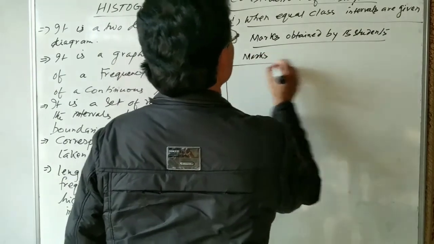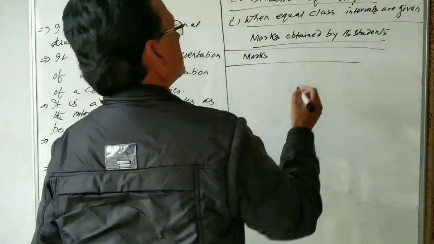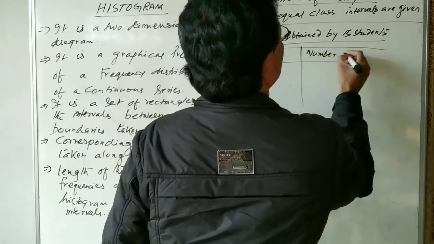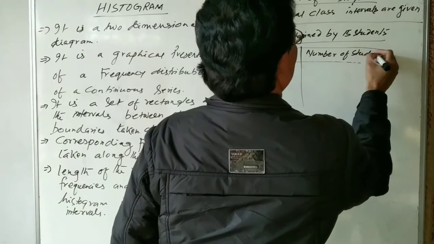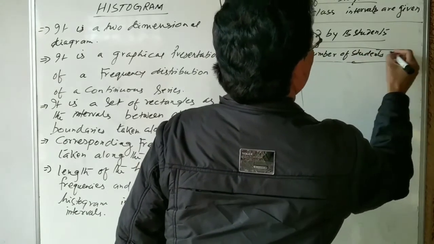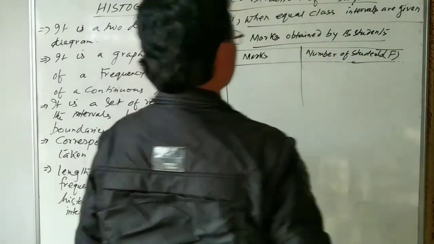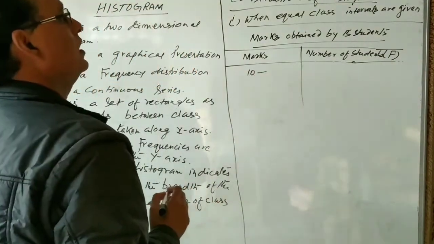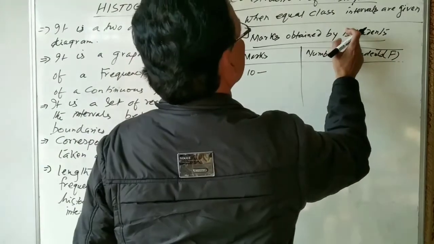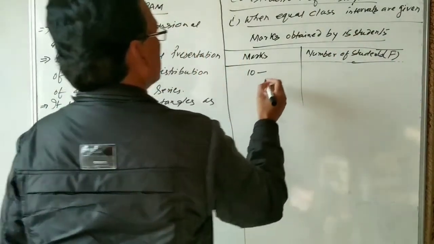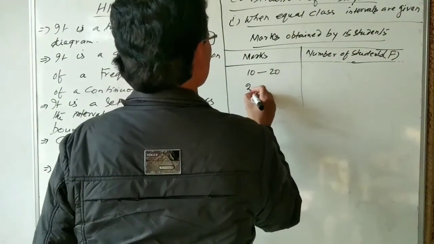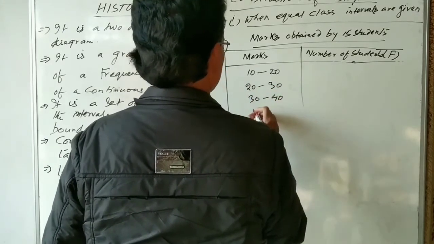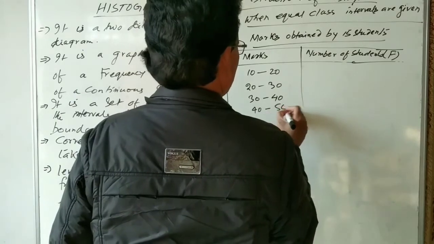Here the marks are given as class intervals, and the number of students can be represented as F. This is called frequency. Suppose the minimum marks obtained in a class of 15 students are 10 to 20, then 20 to 30, 30 to 40, and 40 to 50.